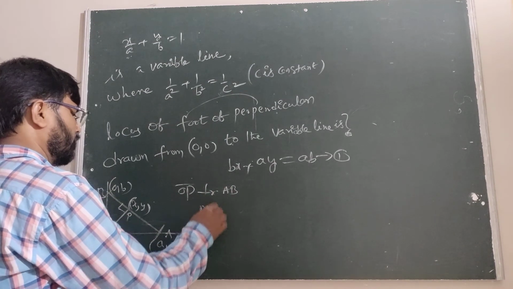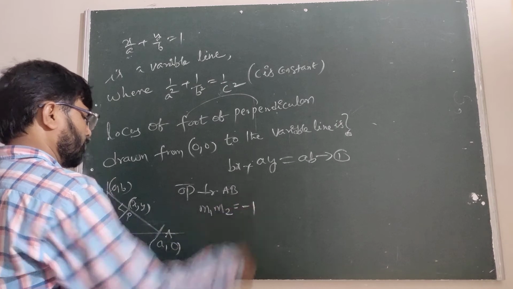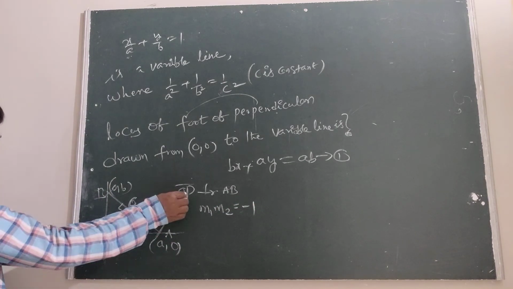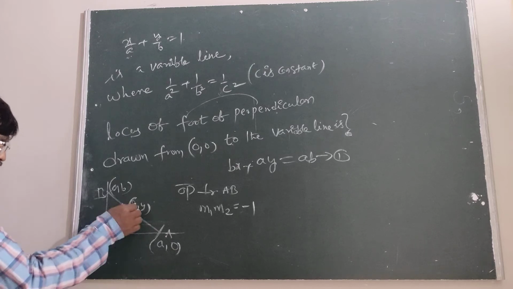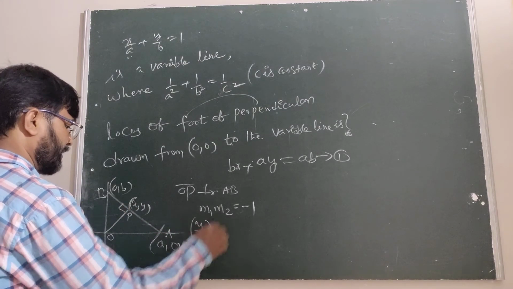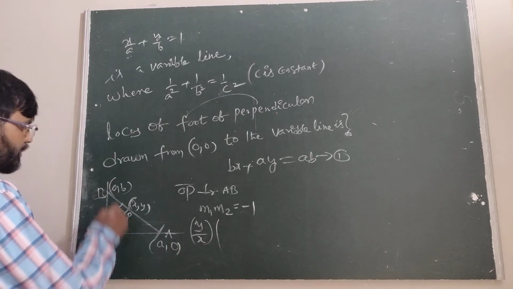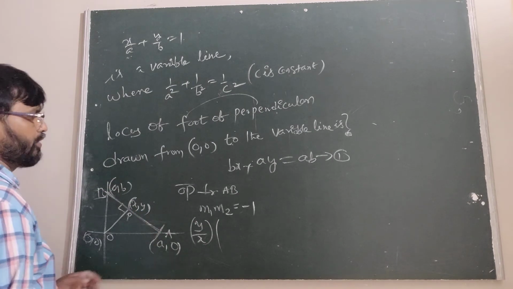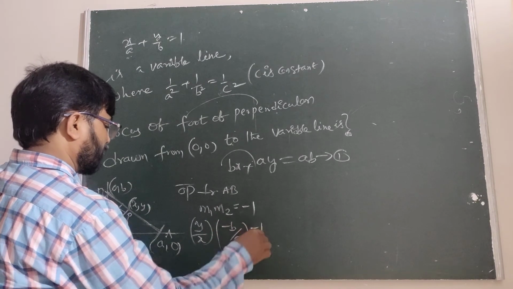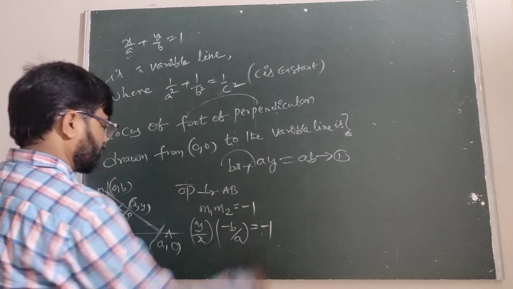Therefore, m1 into m2 equals minus 1. m1 is the slope of OP: y minus 0 by x minus 0, that is y by x. The slope of AB is minus b by a, equals minus 1.